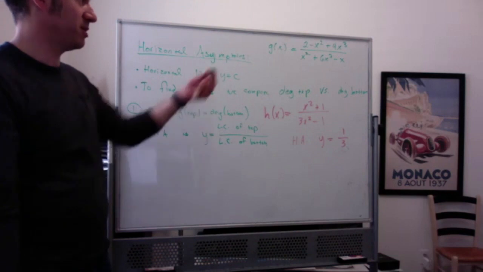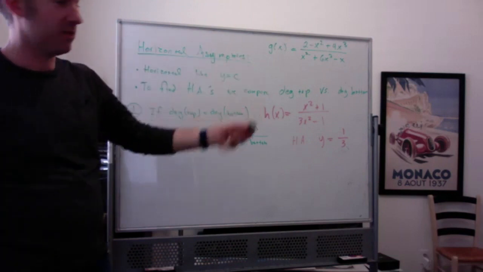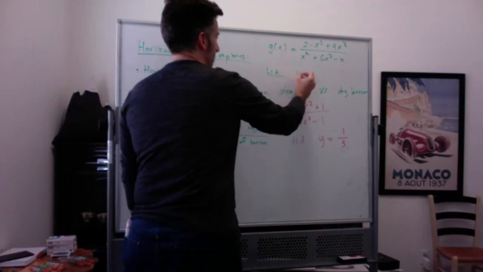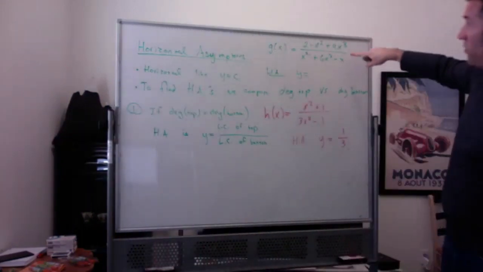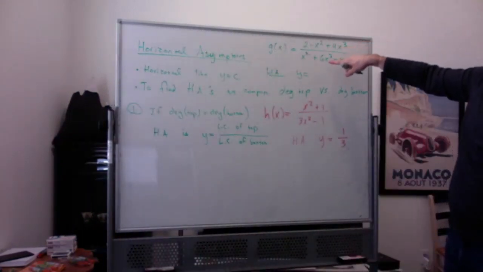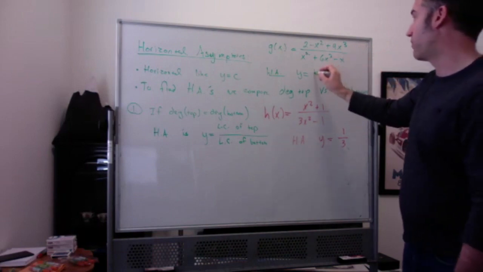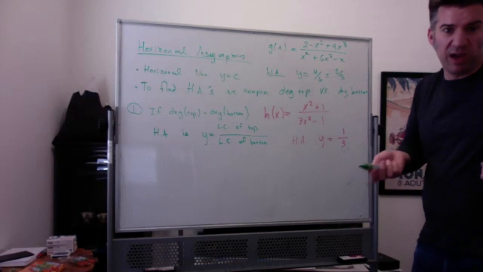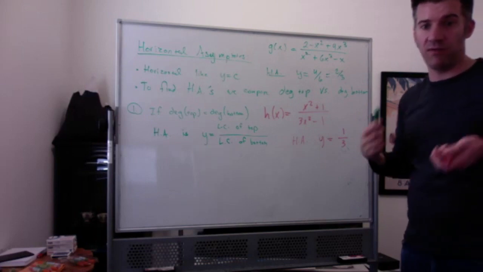The highest power on top is 3, the highest power on the bottom is 3. So the horizontal asymptote here would be y equal to the leading coefficient on the top, 4, over the leading coefficient on the bottom, 6. So it'd be 4 over 6, which reduces to 2 over 3. So just be careful, right? Leading coefficient just means the coefficient of the term with the highest power.